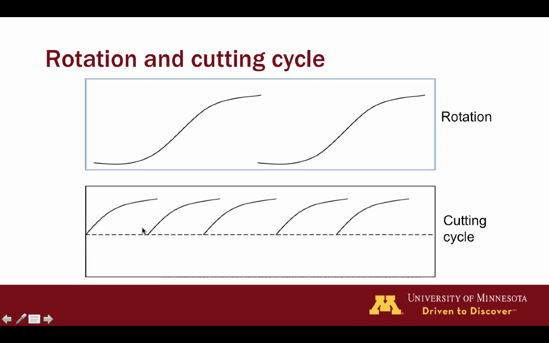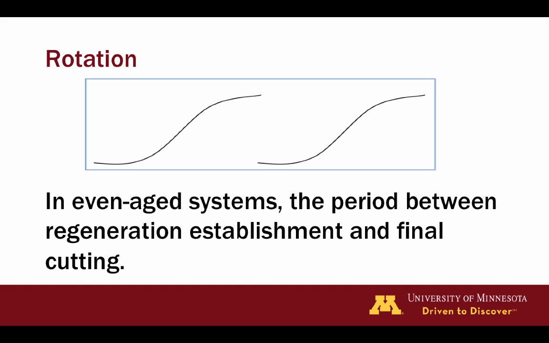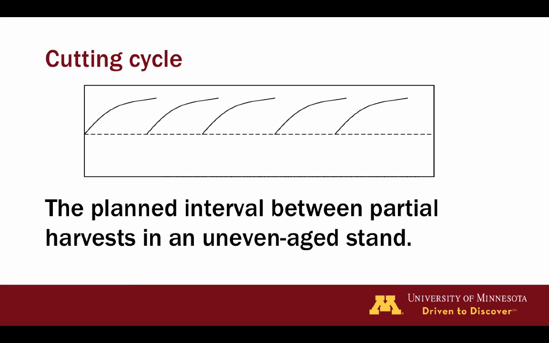And we'll talk about this in more detail. But we're never starting from scratch. So we are harvesting and there is biomass growth. And there is this harvest, but again, we're not harvesting all the trees because we have three or more distinct age cohorts. So, formal definition for rotation, formal definition for cutting cycle.